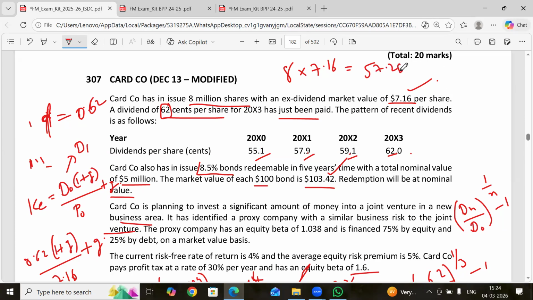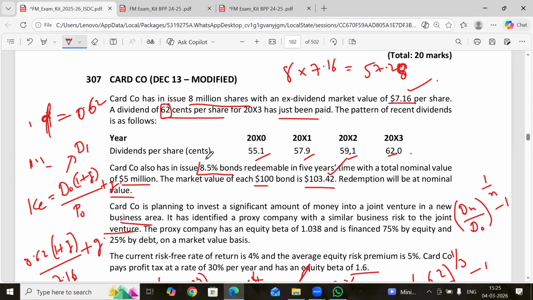And after this, we have to take the debt finance also. What have they given about debt finance? Let's see that. The company has in issue 8.5% bonds redeemable in 5 years time with a total nominal value of $5 million. Market value is 103.42.